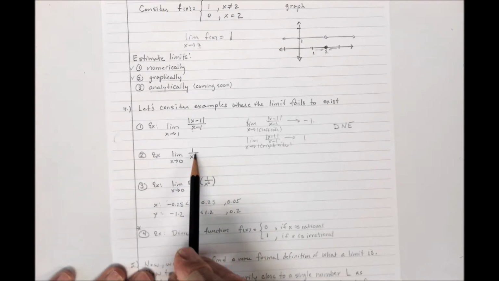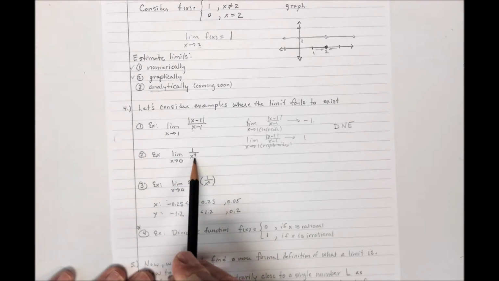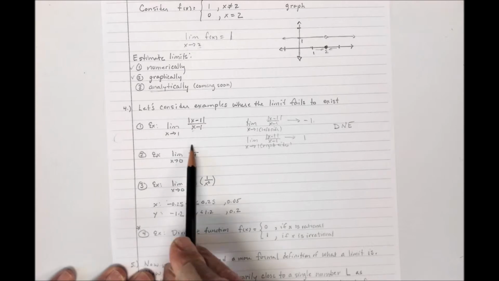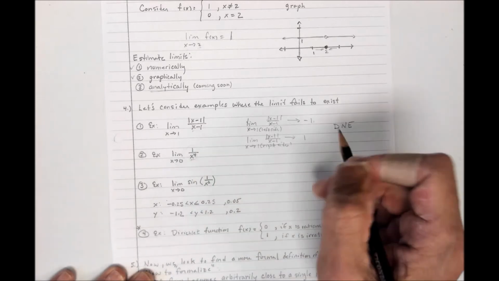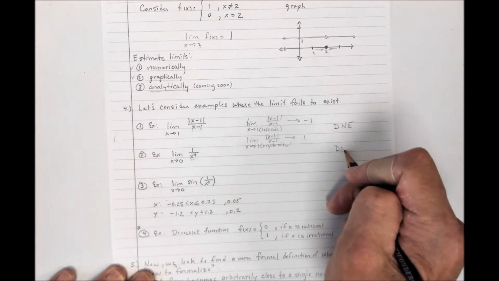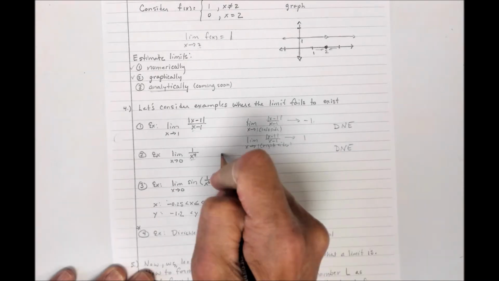Well, 1 over numbers that are getting closer and closer to 0 are getting bigger and bigger. 1 over 0.1, that's 10. 1 over 0.01, that's 100. 1 over 0.000001, that's a million. The smaller this gets, the closer it gets to 0, the bigger the value is. So this is unbounded. So it does not exist, DNE, because it's unbounded.